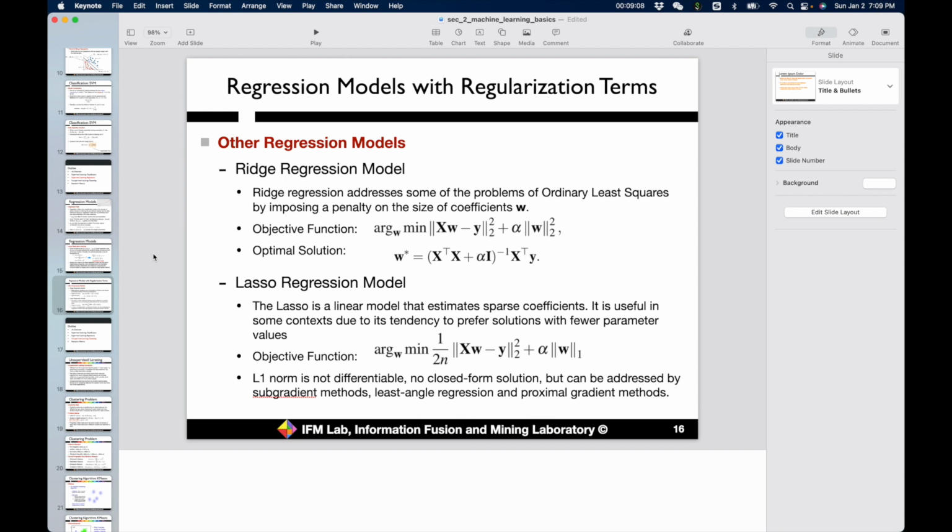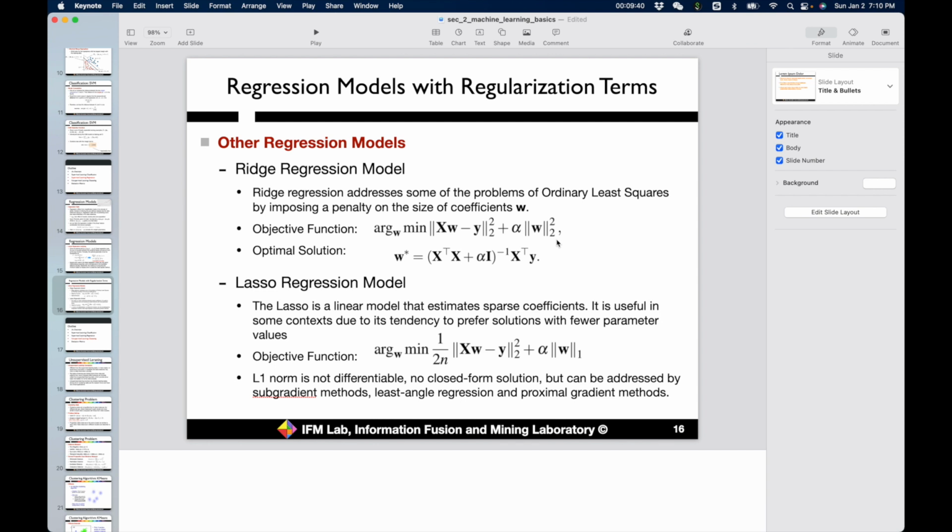The first one is called ridge. The ridge regression addresses some problems of the conventional linear regression model by imposing a penalty on the size of the coefficients. So the loss function will be the same. However, besides this term, we also add one more term regularizing the weight, the W, right?